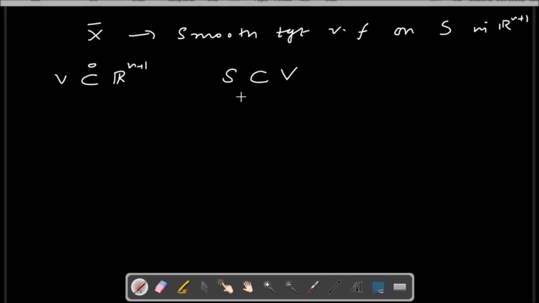Now we need to match it with the n-surface also, right? So here, if you have an open set, you can have a vector field on that also.